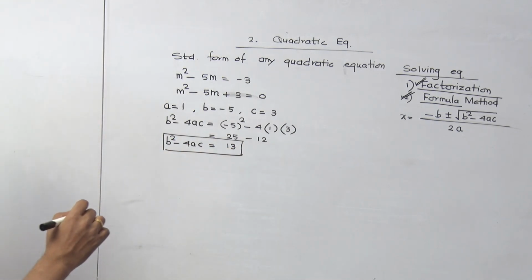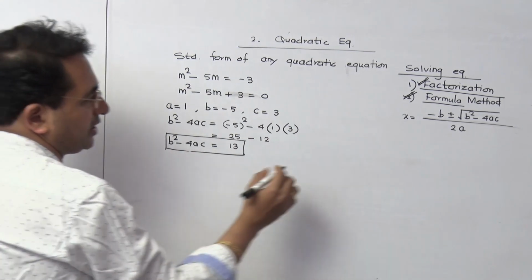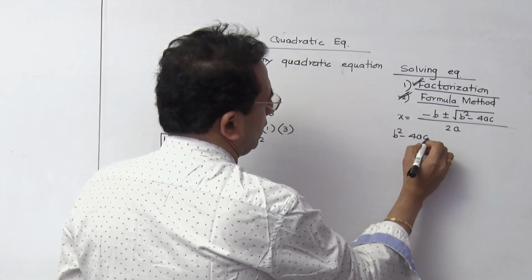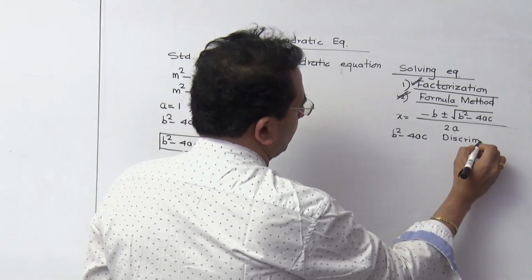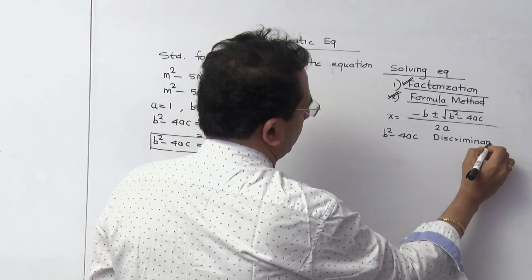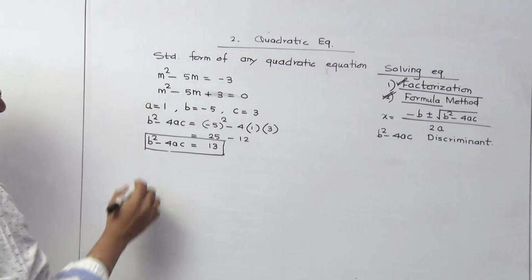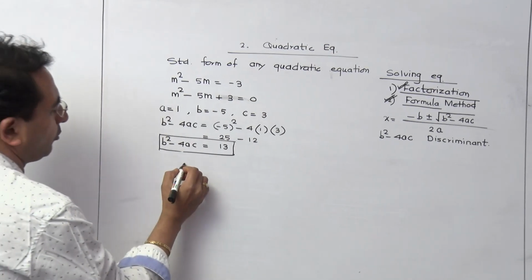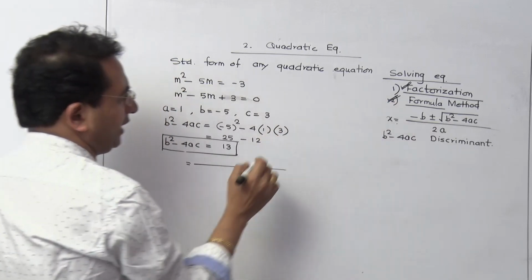Now this is what we call the discriminant. That is called as what? b square minus 4ac. That is what we call the discriminant. In the next session, we are going to have more questions on this word. Now, once you get this, then you have to write a formula. Now, the formula is whatever is given to you for the variable involved in the equation.